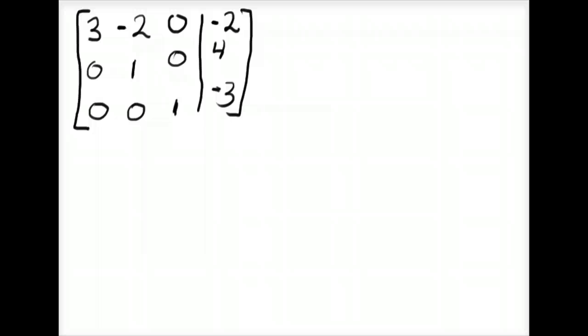So we can take row 1 and leave it as it is, multiply it by 1, and then add row 2 multiplied by 2.